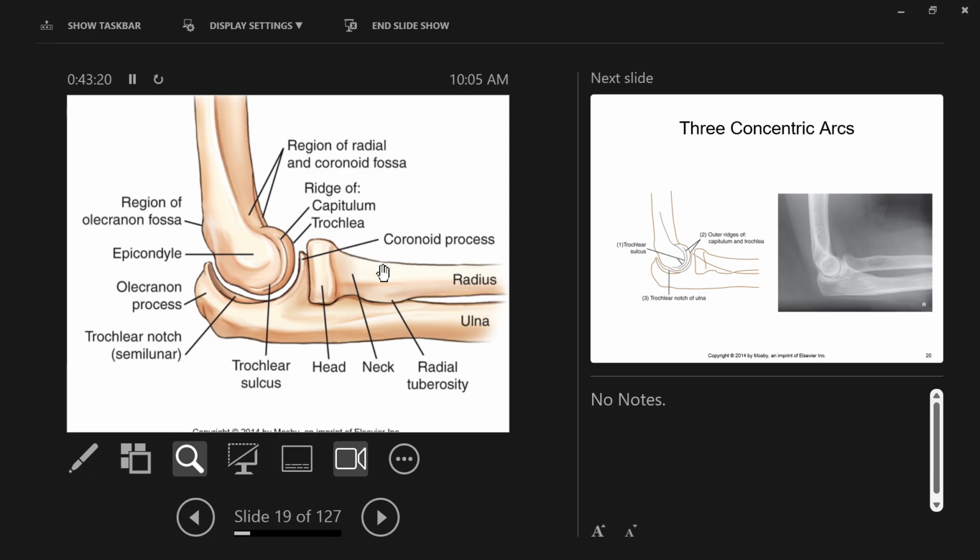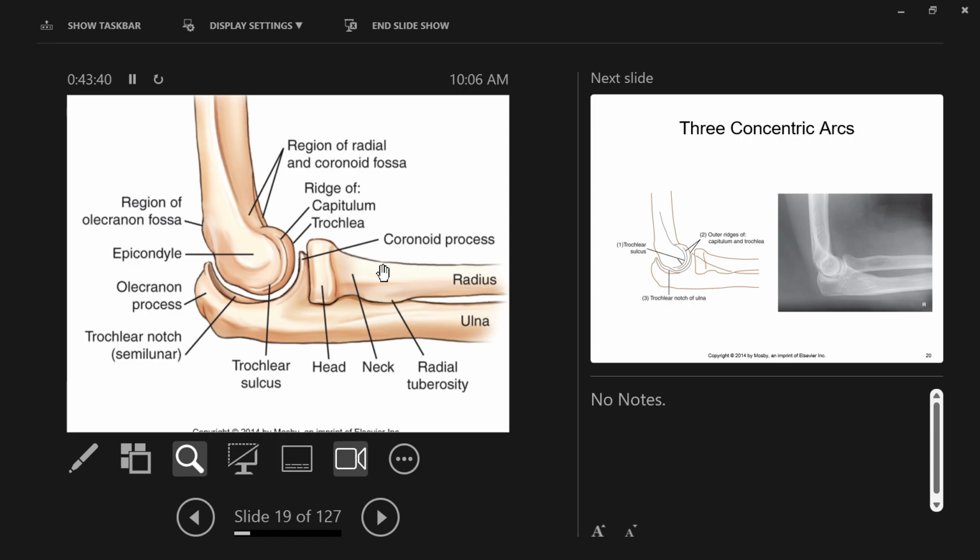And in the elbow, the humerus is subject to fracture because all these forces coming this direction are going to push on the distal humerus. And what can happen is it can take this whole condyle, this whole end of the humerus, and rotate it backward.